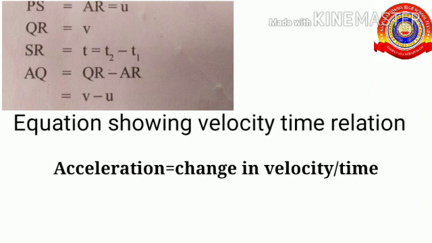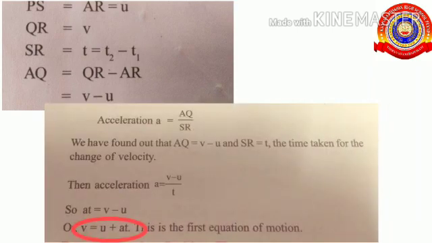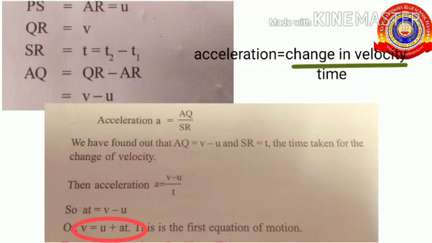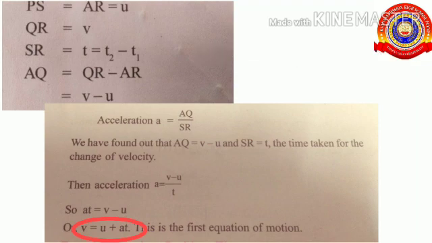And from the graph, we know that acceleration a equals AQ divided by SR. AQ is v minus u, divided by SR, that is time. So, what is AQ? v minus u, divided by t, that is SR.